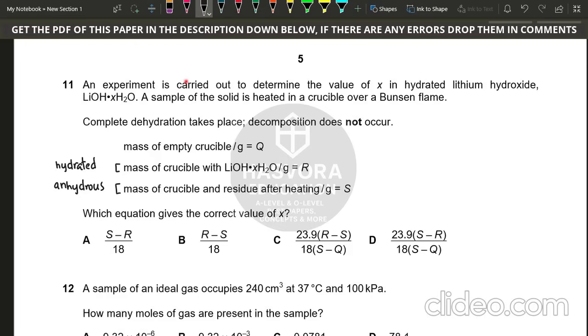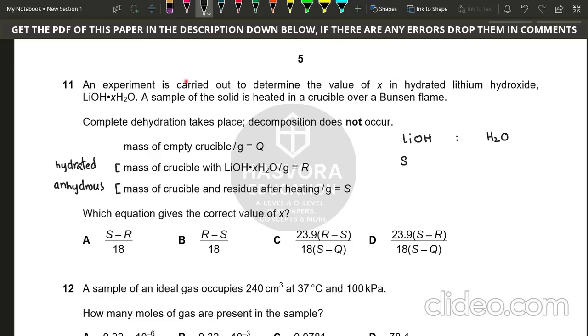Now do you remember what the procedure was for calculating x? You need the moles of LiOH, and you also need the moles of your H2O. Now how will you get these in case of this one? Okay, so how will I get the LiOH that is anhydrous? First of all, I need the S, because it is the mass of the crucible and the residue after the heating, and I need to subtract from it the mass of the empty crucible, because it will give me the mass of the LiOH only.